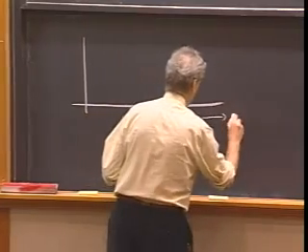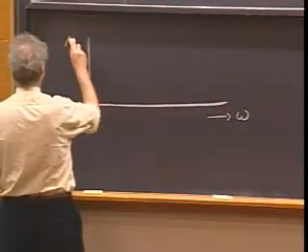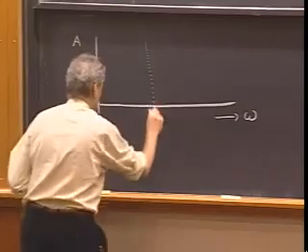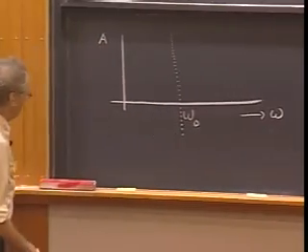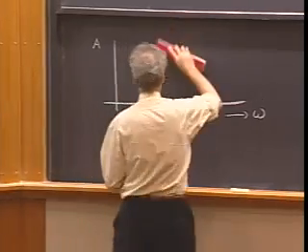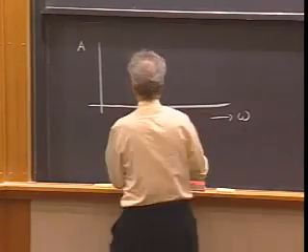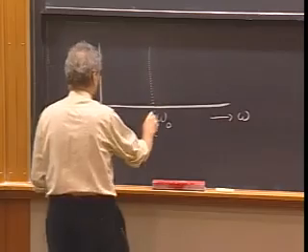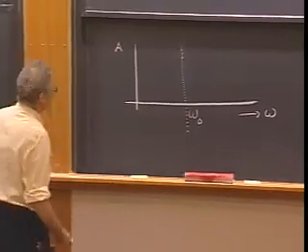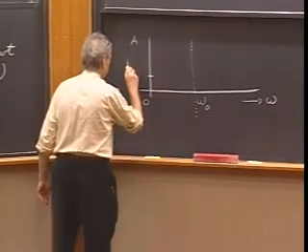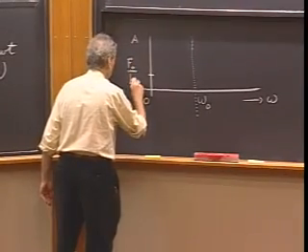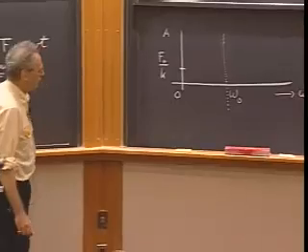So here is omega, and here is A, and let this be the resonance frequency omega 0. I'll make it a little straighter. So you start at very low frequency, if this is 0, you start here with F0 divided by K. We all agree that that was obvious.